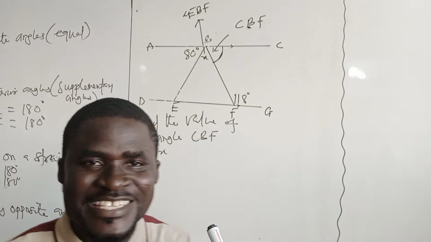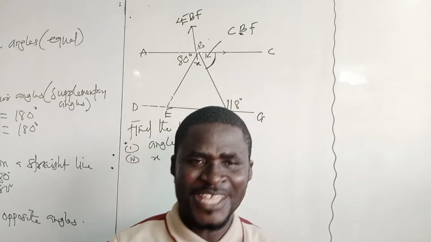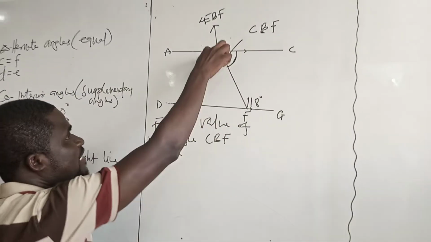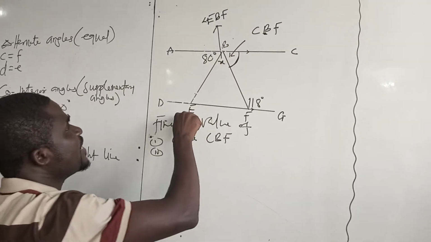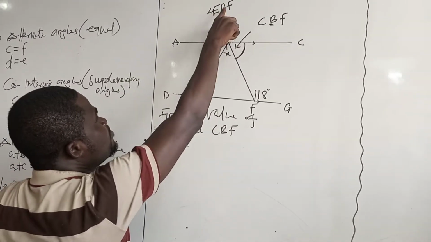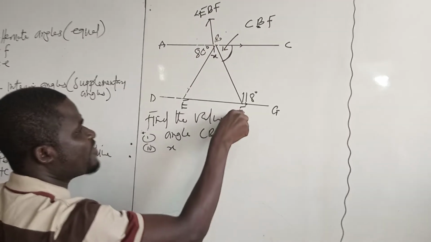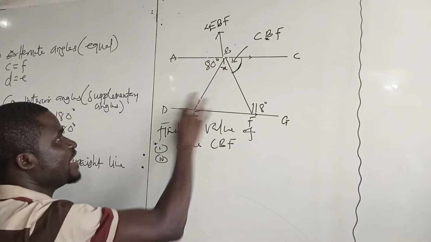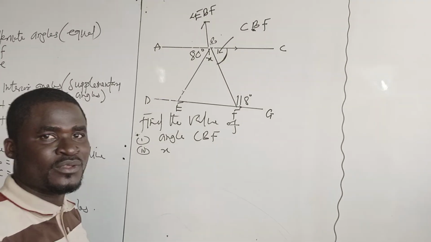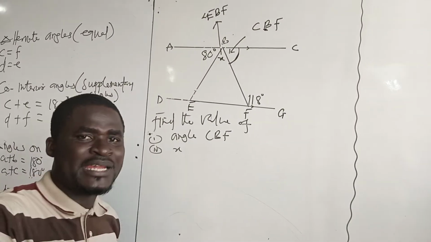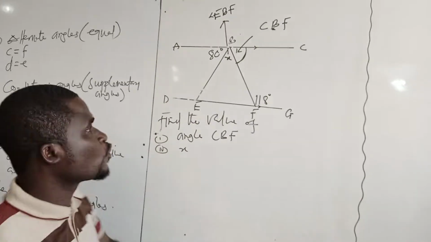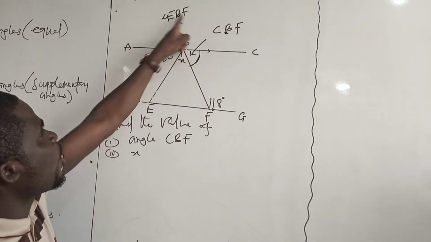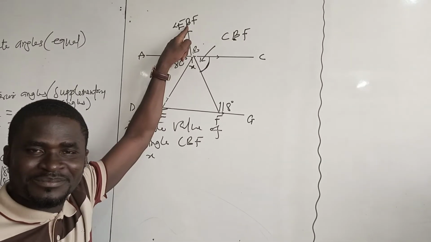Please, we are learning how to create the angles. Take note, it's very important. So this angle is angle EBF or FBE. Anywhere is correct. Always make sure that the angle will be in the middle. So you will see that this B is in the middle. Whether I start from here or here, B is in the middle.